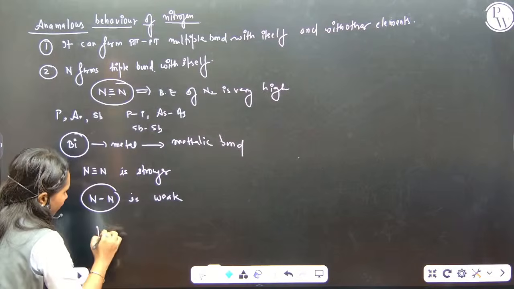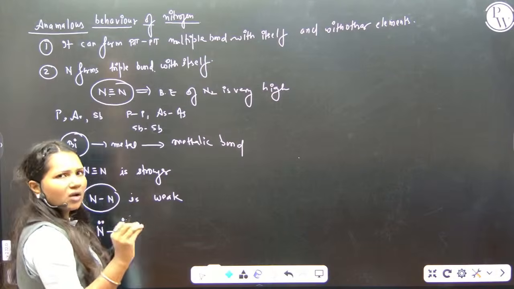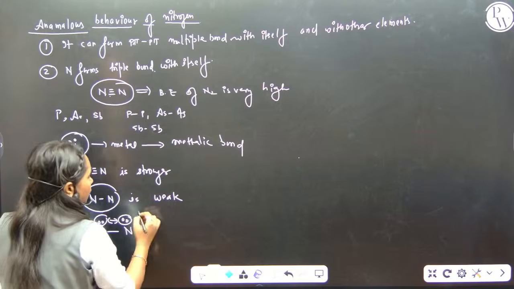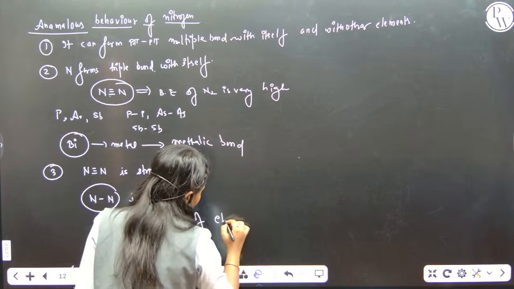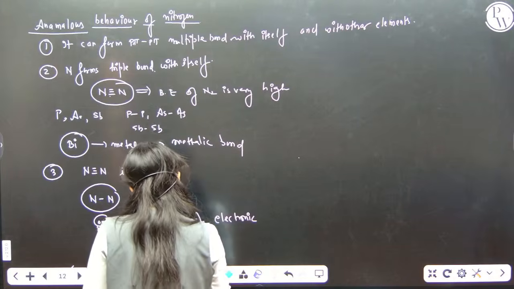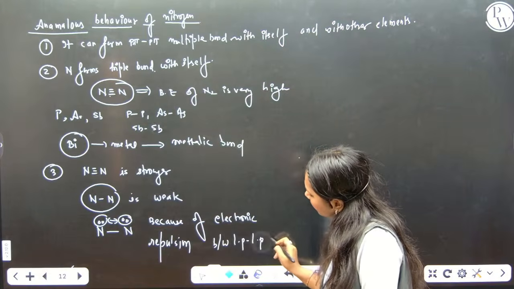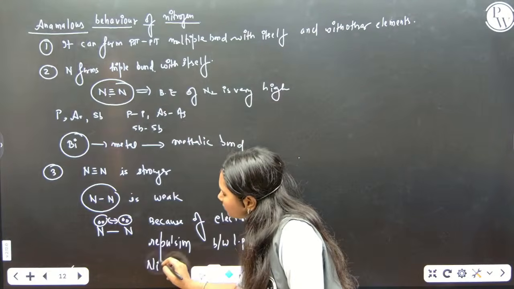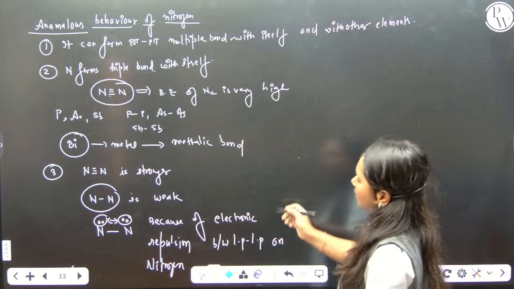Why is N single bond N weak? Lone pair and lone pair. Neutral N will always have one lone pair, so there will be repulsion between them, right? Because of electronic repulsion between the lone pairs on nitrogen, the bond becomes weak.